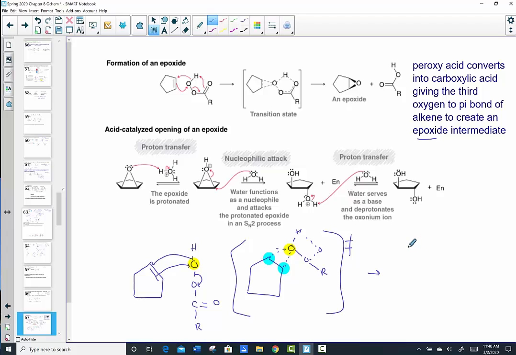Through this transition state, I should draw that like this because it cannot be isolated, it moves to a true intermediate known as an epoxide. Now, the epoxide leads out both wedges or both dashes to that oxygen, and then of course you just regenerated the carboxylic acid.